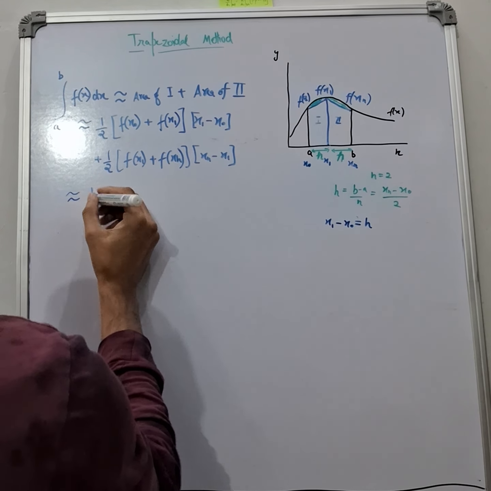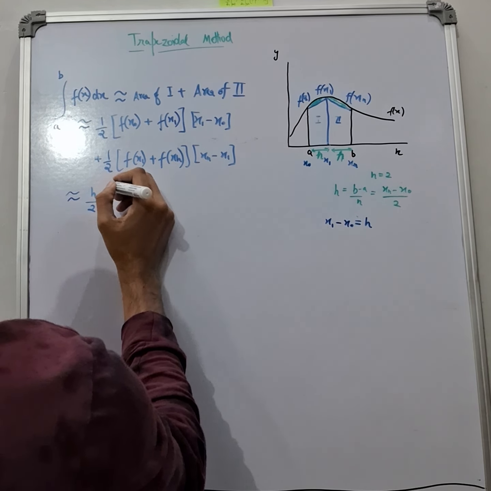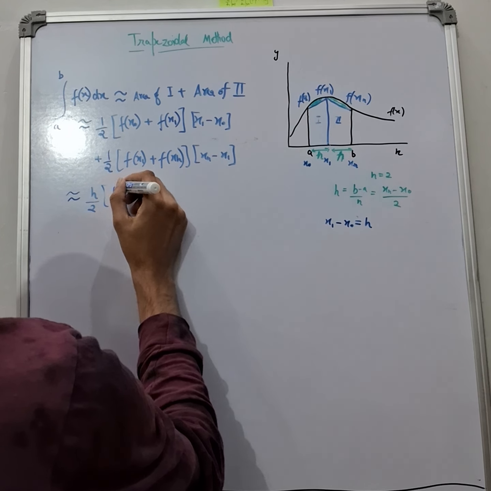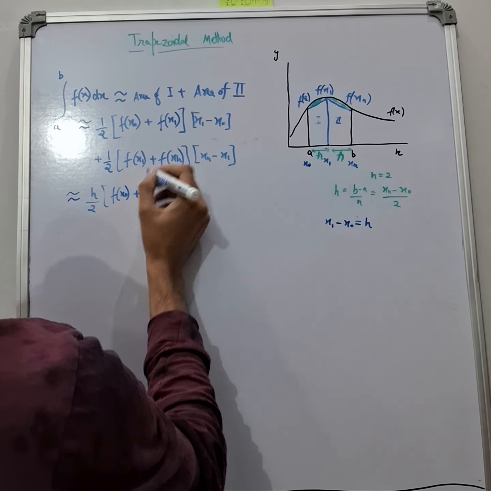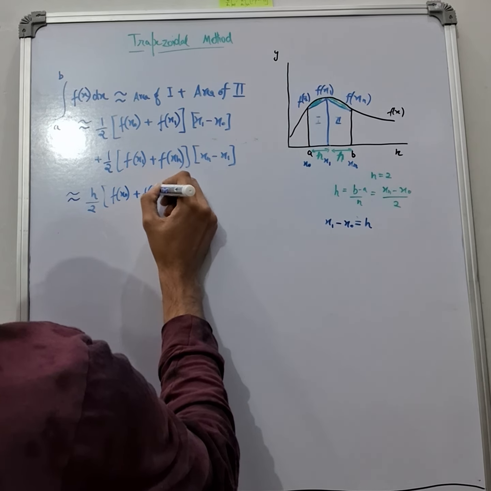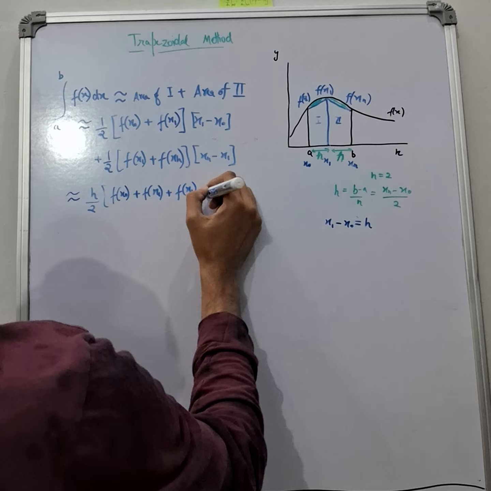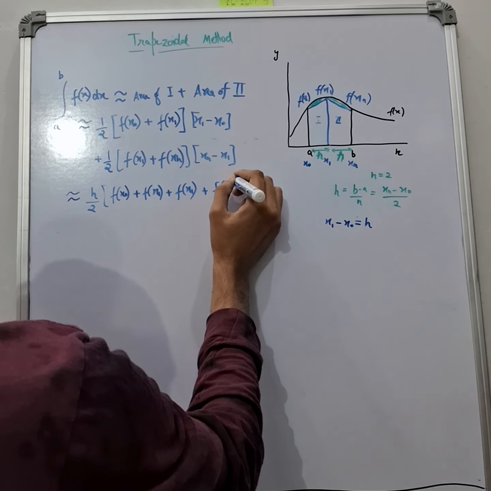You can see there is an h/2 term common, and we will get f(x0) plus f(x1) plus f(x1) plus f(xn).